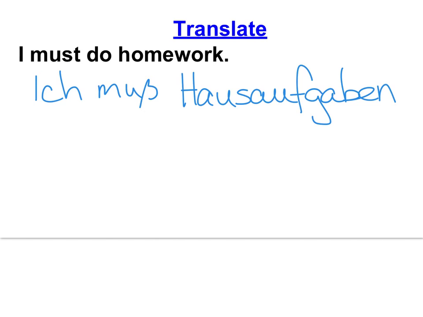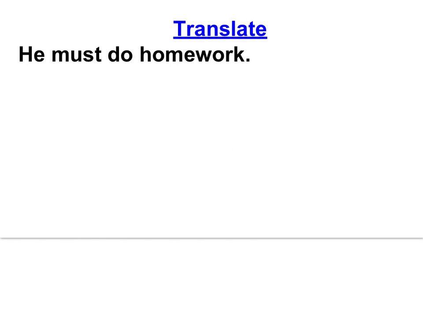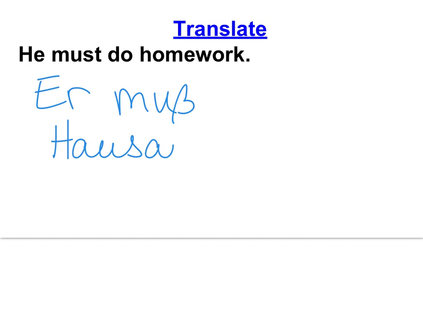Machen. So this was the one that you don't conjugate. So when you do these sentences, when you have another verb at the end, it's always going to be in an N ending. Always. 100% of the time. So ich muss Hausaufgaben machen. And how about he must do homework? Muss, yeah? Hausaufgaben machen. Yep. So you notice only the first word had to change in that case.